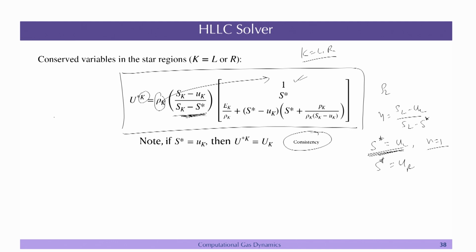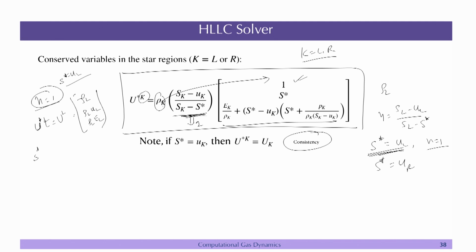So, if eta is equal to 1, then U star L is nothing but UL, that will be rho L UL, and then whatever the energy equation that you are getting from here, because this is equal to 1, or I can call it rho L EL, right. Similarly, eta will be equal to 1 when S star equal to UL.